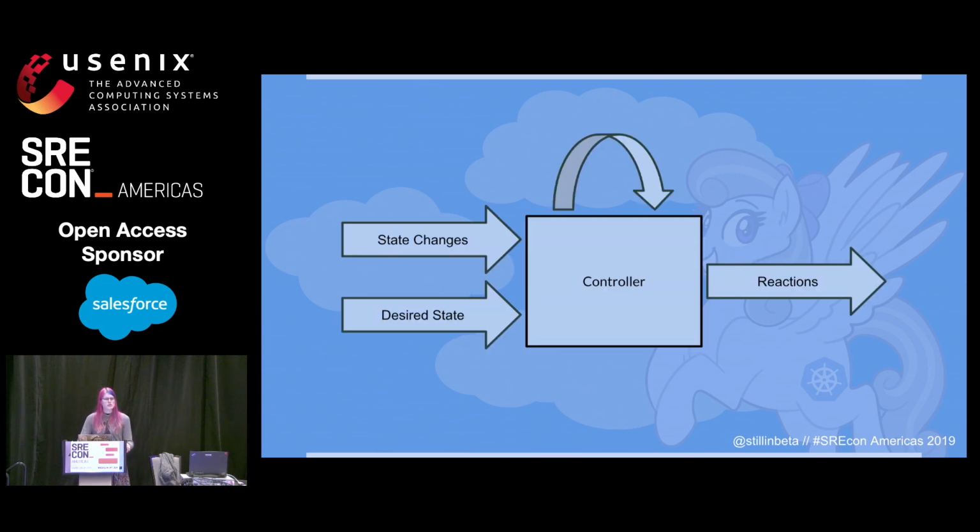So this is basically what a controller does in the Kubernetes world. It takes in a whole bunch of state changes using that watch mechanism I talked about earlier, and it takes in the desired state. It loops over it, compares those two, and takes some action as a result of that. Here's an example. The replica set controller has a list of replica sets.